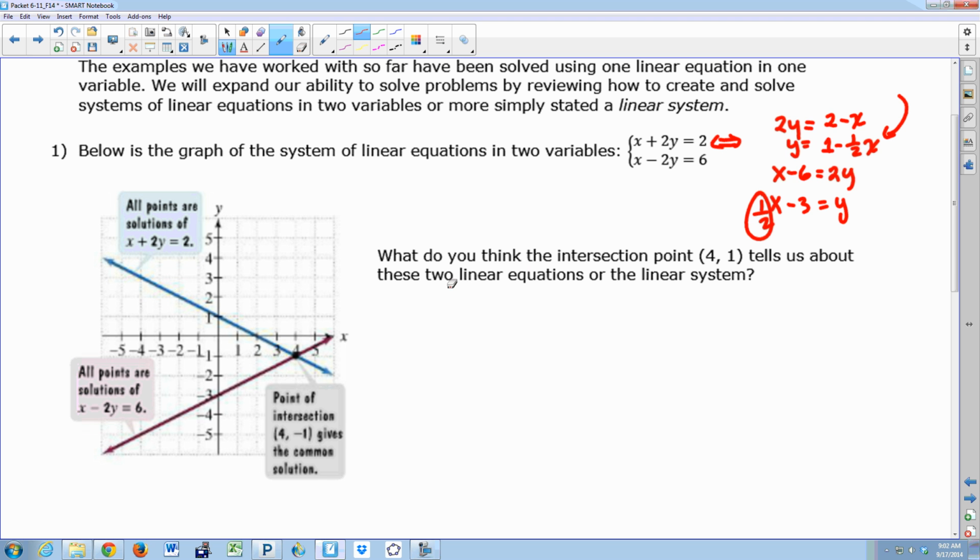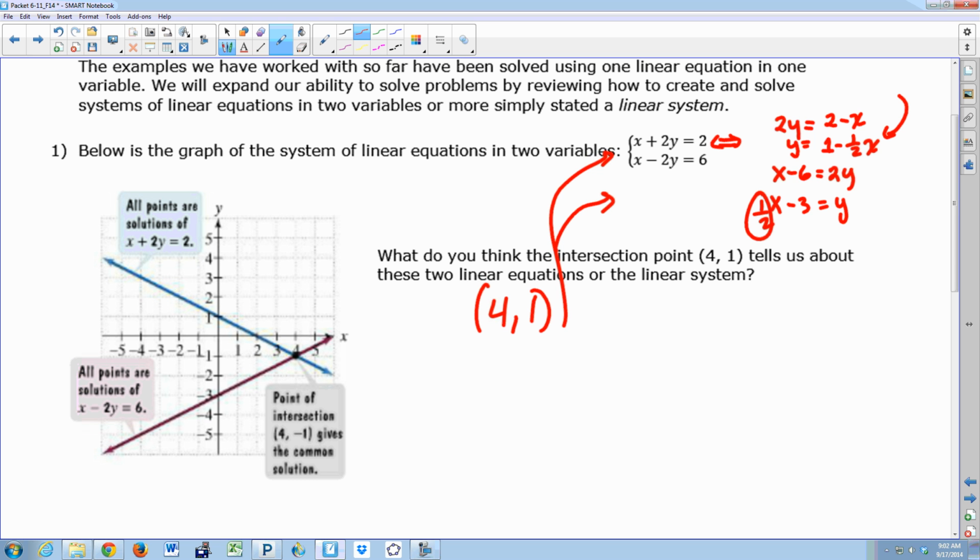So what does this intersection point tell us about these two equations? What do we call that intersection point other than intersection point? How does (4, -1) relate to each of these equations?